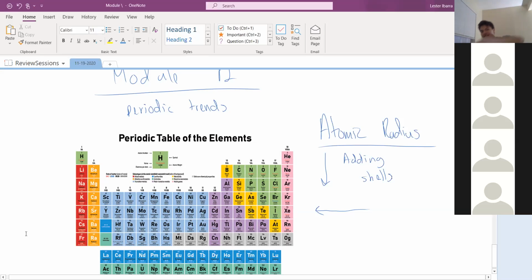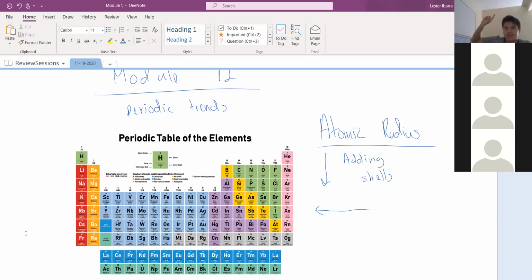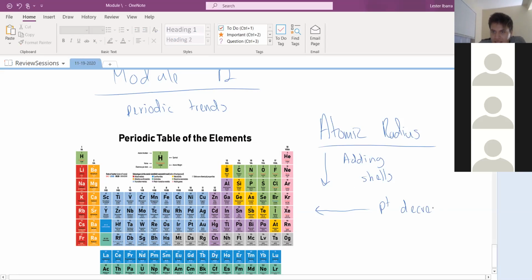Then as you go to the left, well, what happens when you go left to right? Two things increase. Protons decrease from right to left. I'll just stick with that. And again, the more protons we have in the nucleus, what's going to happen to that attraction?